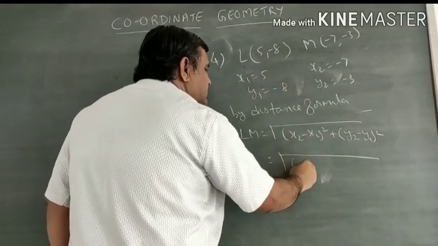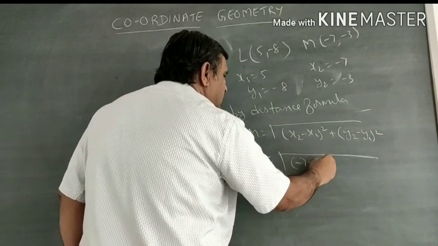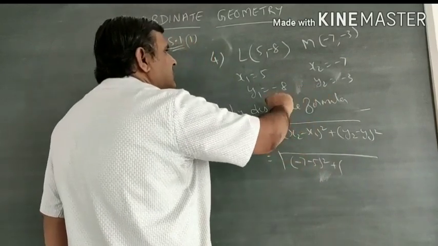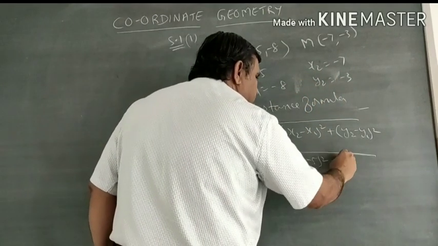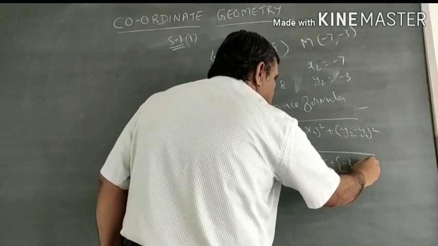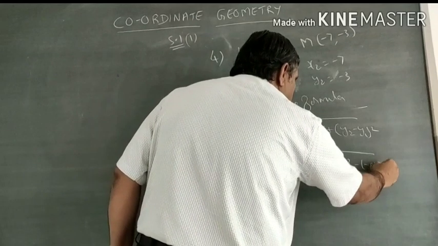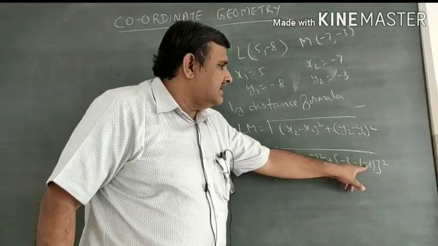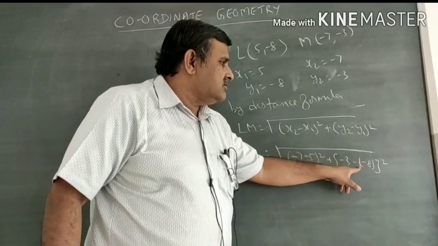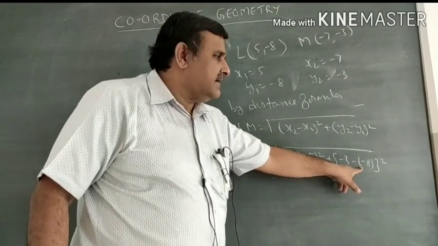Minus 7 minus 5. What is y2 minus y1? Minus 3 minus minus 8. See, minus of minus 8, so I am making use of small bracket here.